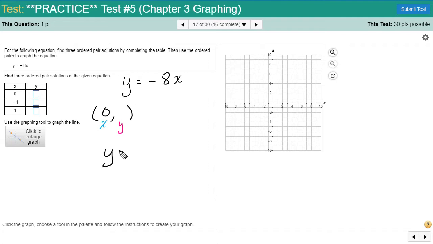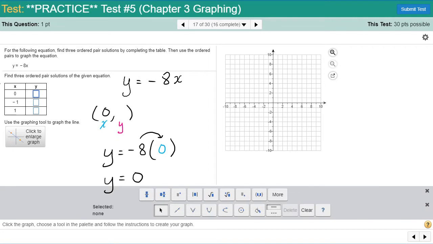So we have y is equal to negative 8 times x, and for this first point we want x to be 0. Cleaning this up, we end up with y equals, when we distribute, negative 8 times 0, of course, is just 0, so that one is finished. When x is 0, the corresponding y is also 0. Nice and easy for the first point.